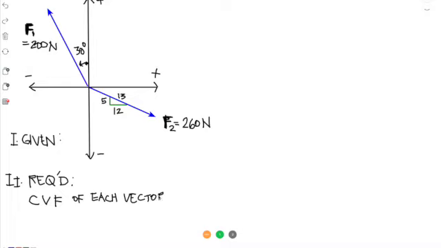So the Cartesian vector form is something like force equals fx i plus fy j.